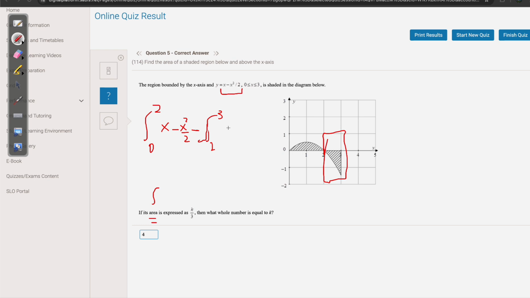And then we're going to again integrate the function x minus x squared over 2. And then we're going to plug this into the calculator. From 0 to 2, x minus x squared over 2, minus from 2 to 3, x minus x squared over 2 again, we'll get 4 over 3.